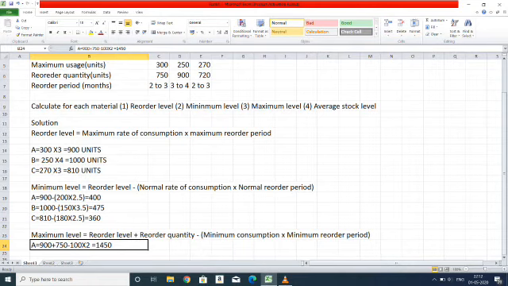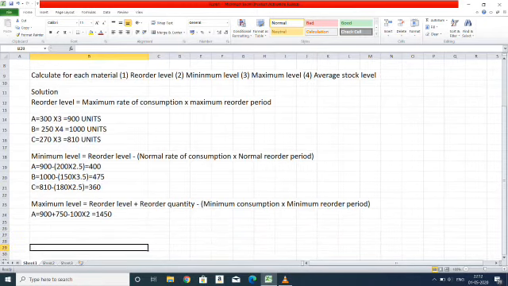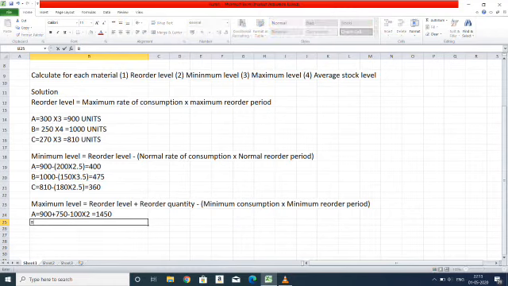Then in case of B, their reorder level 1000 plus their reorder quantity, already given, 900, minus minimum consumption into minimum reorder period, 100 into 3, that is equal to 1600.